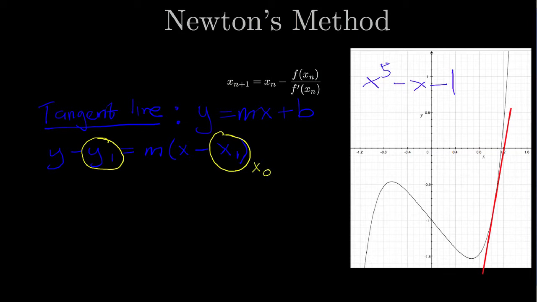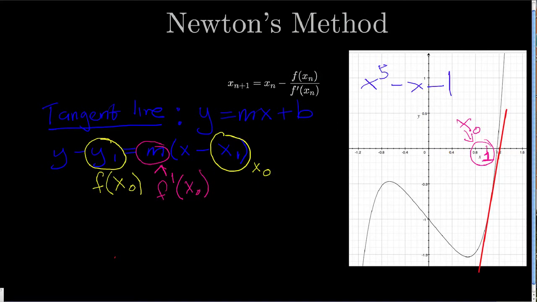So I'm going to call this guy x sub 0, and y sub 1, I'm going to call f of x sub 0. Then the slope, m, remember, is the derivative at x sub 0. So everything is going on at x sub 0 because that was the value that I used to find my very first tangent line, which in this case was 1. So remember, this guy was x sub 0.